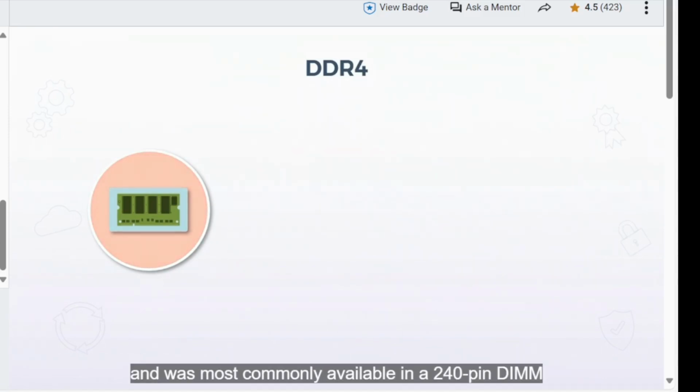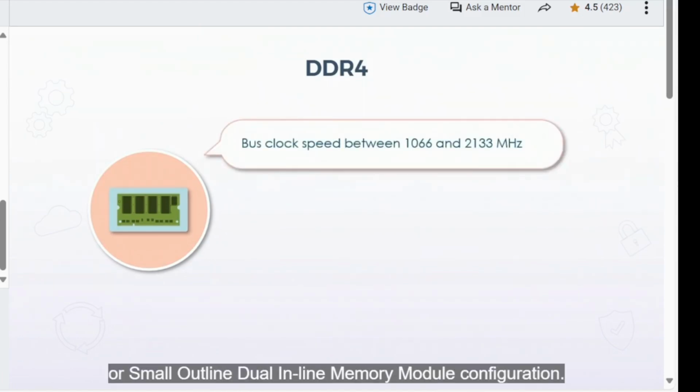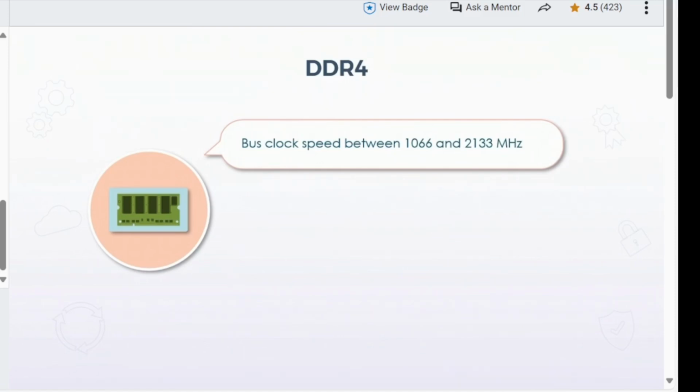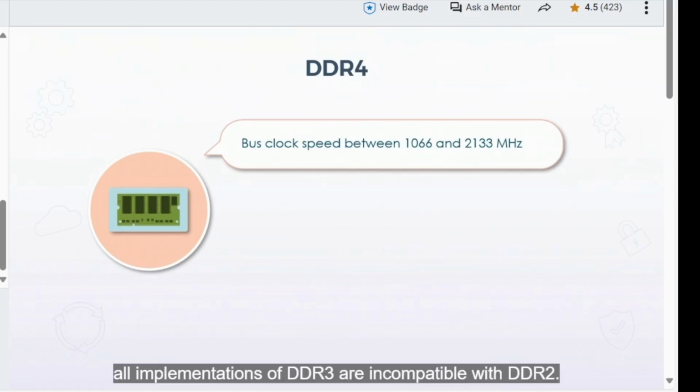As for the specific performance values, DDR4 ran on a bus clock speed between 1066 and 2133 megahertz, and 1066 megahertz, by the way, is exactly where DDR3 came in at its highest level, so DDR4 picked up right where DDR3 left off.